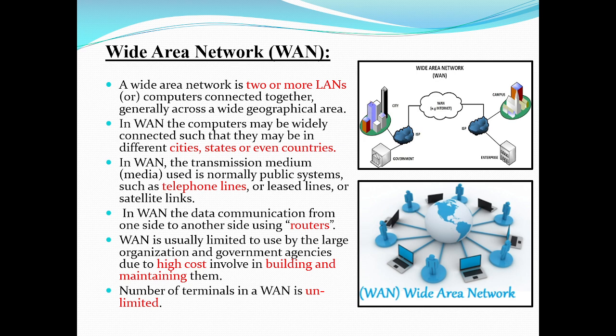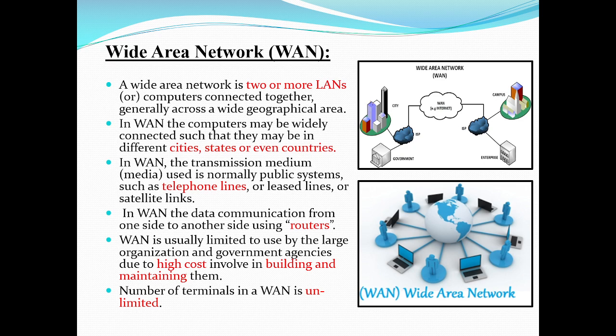It can be different cities, states, or even countries. In one word, we can say throughout the globe. The transmission media we can use in a WAN are satellite links and telephone lines, and along with this, we use routers to establish communication from one side to another.